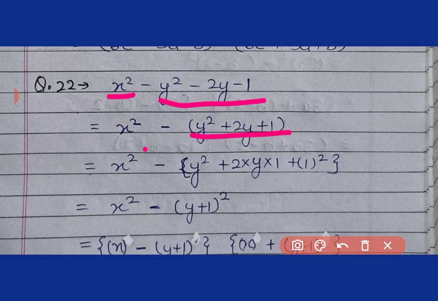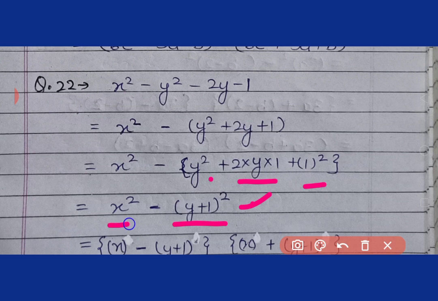As it is written in the bracket, it shows that y square and 1 square can be written here, and it is written in the form of 2 into y into 1, that is 2y. So we can understand that it is in the form of a square plus 2ab plus b square. So we can write here (a plus b) whole square. So we have written x square minus (y plus 1) whole square.